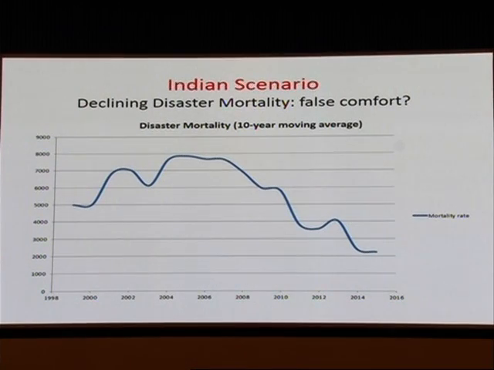Before we look at what it means for our country, I want to show this simple graph, and the same data was presented in a different way by Dr. Thiru yesterday. This is looking at the last several decades, starting from the early 90s, using a 10-year moving average. So if you're looking at 2005, then you are looking at the annual average from 96 to 2005, and so on.